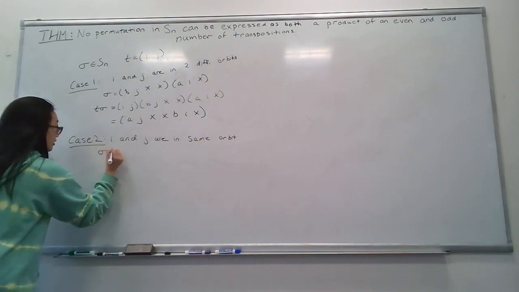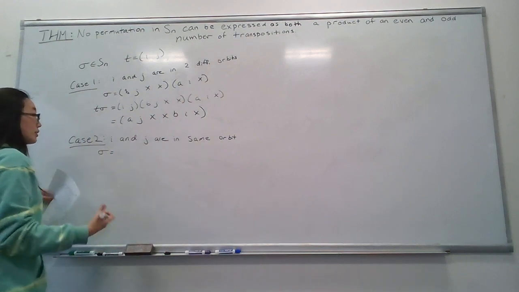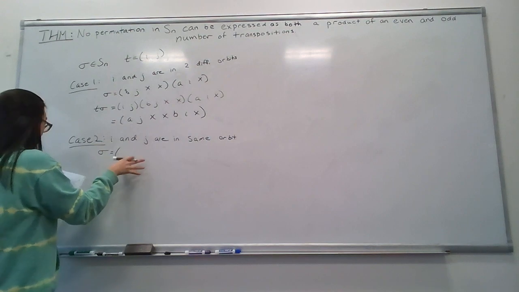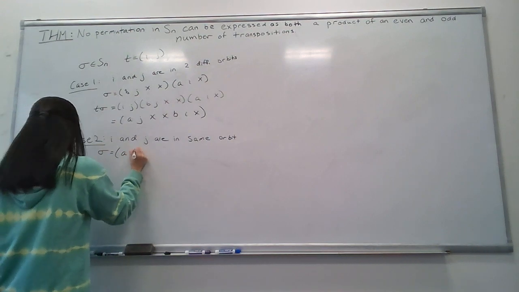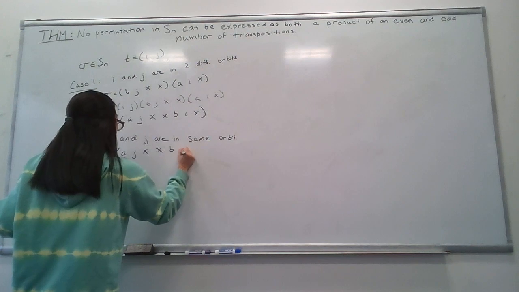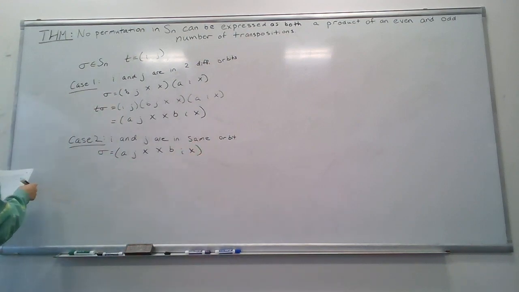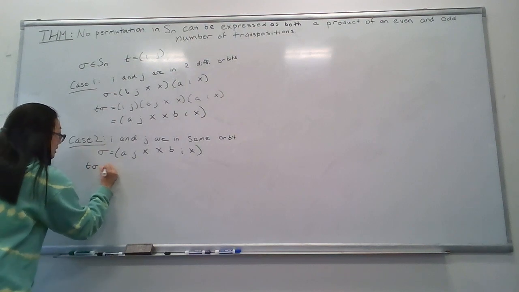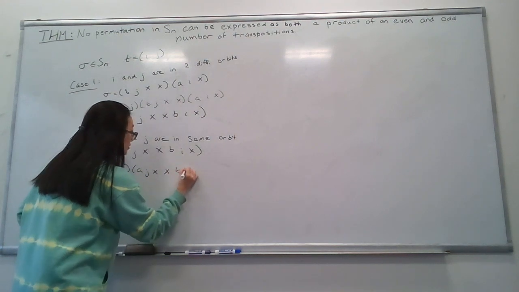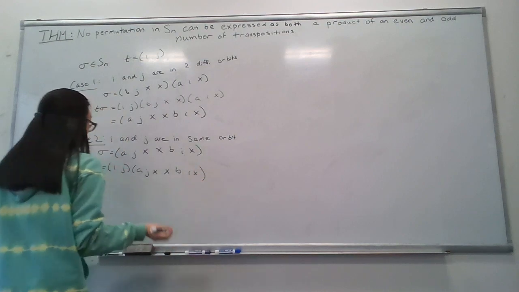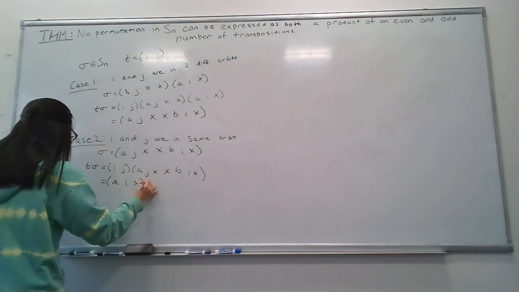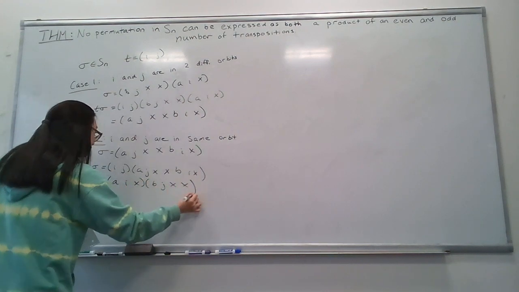So this time let's have our permutation be, again, a product of disjoint cycles, but we are only looking at the first cycle where we have (a, j, ...). Then the product of this will yield this.